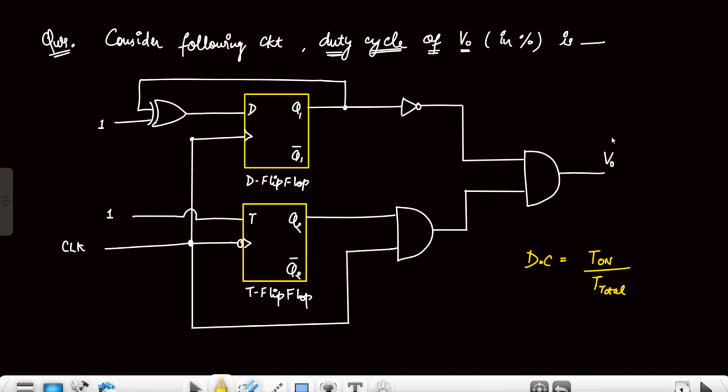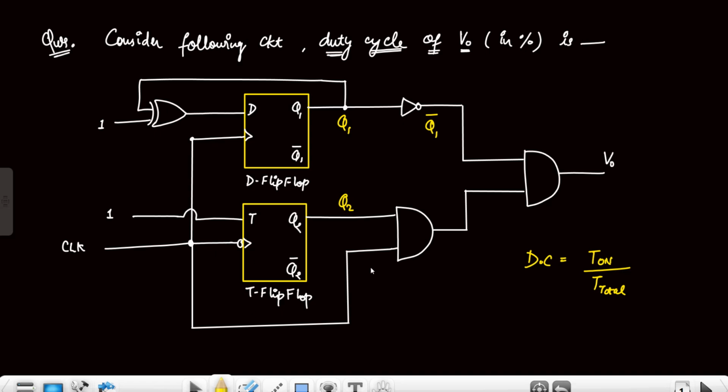First of all, we have to focus on the expression of this V naught in terms of Q1. Here the clock is connected, and this is the NOT gate. This is Q1, so after the NOT gate it will be Q1 bar, and here Q2 is connected.